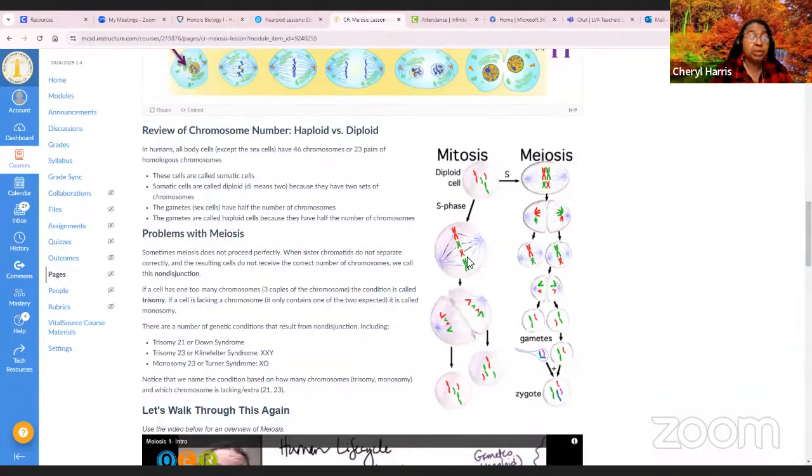Remember, middle is metaphase. All of the chromosomes are lined up in the middle, but notice the red ones are still together and the green ones are still together. Everything that you see in the first column is happening all in one phase. What they've shown you in the meiosis one is kind of a shortcut.